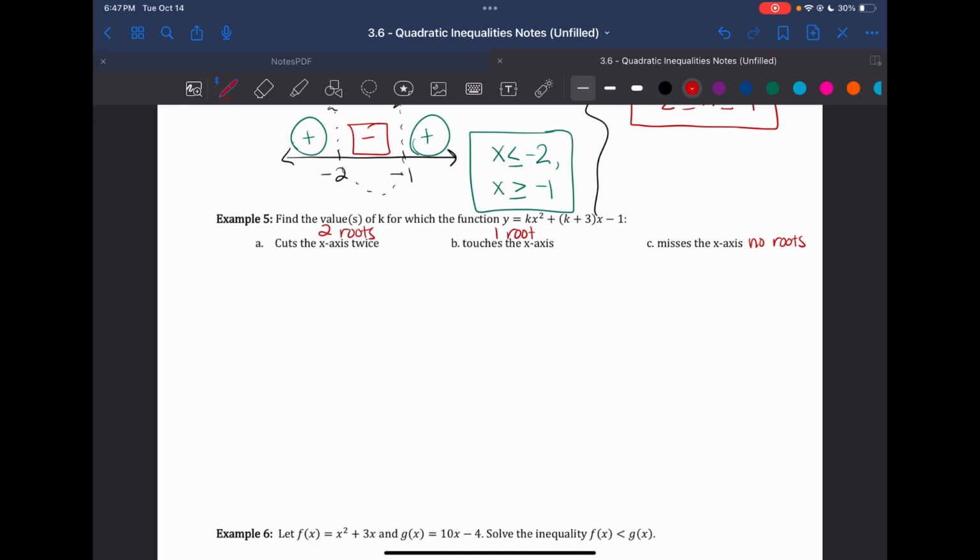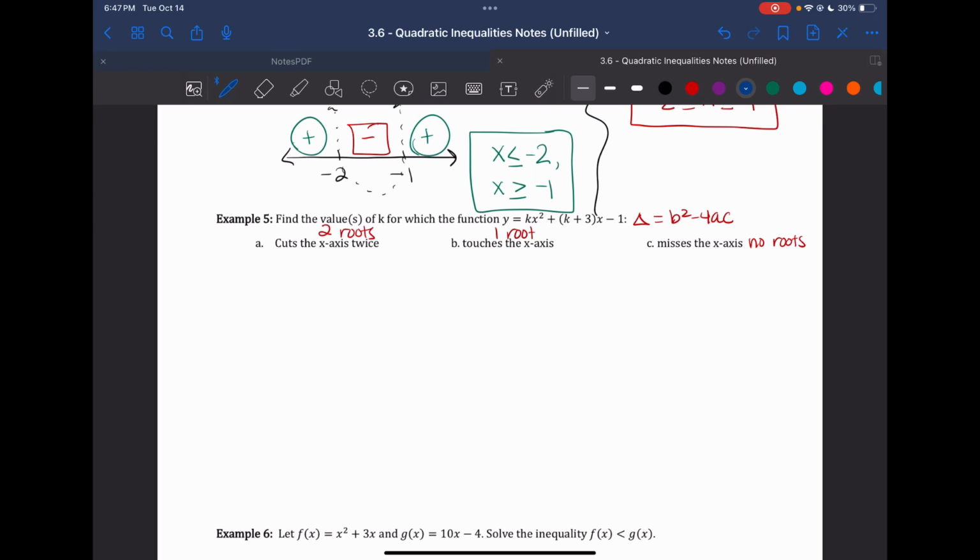So in order to figure those out, we had to first figure out what the discriminant was. And the formula for the discriminant, if you can recall, is delta equals b squared minus 4ac. That's what's under the radical in the quadratic formula. So for this problem, I'm going to need to use the discriminant in order to then figure out, using a sign diagram, the proper information.